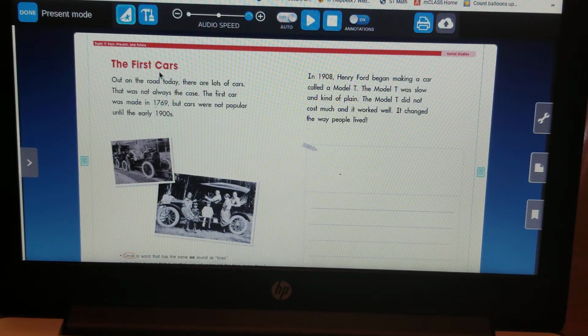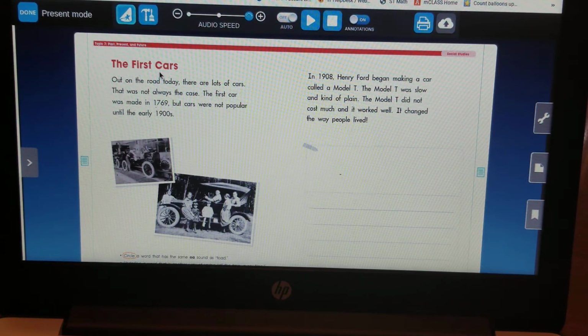We have many different types of cars. Regular cars, we have what's called SUVs, which are sports utility vehicles. They're like small trucks. Some of you have seen my little truck. I have a SUV. It's actually made by a company, and it has a special name. My truck is a Terrain.